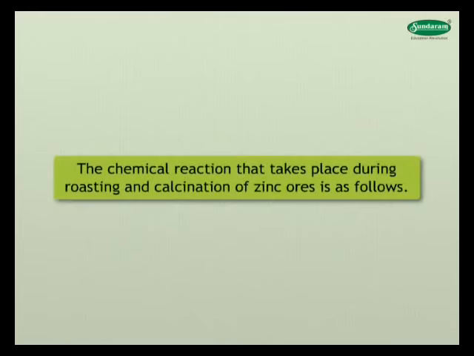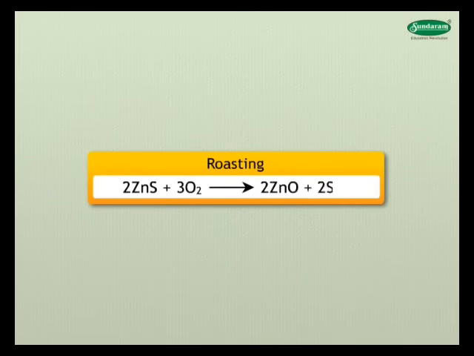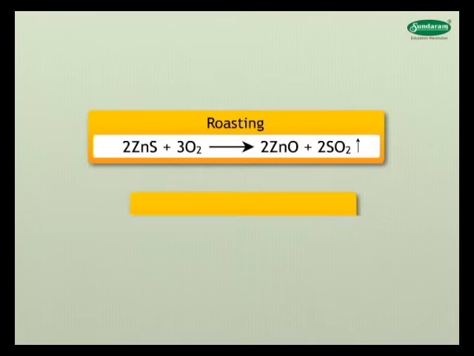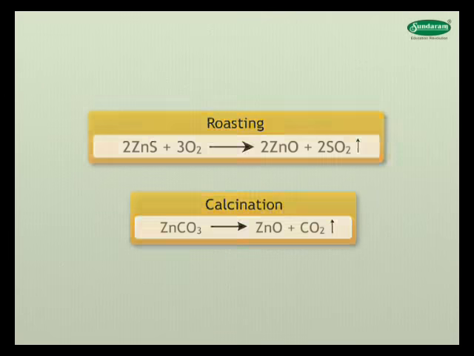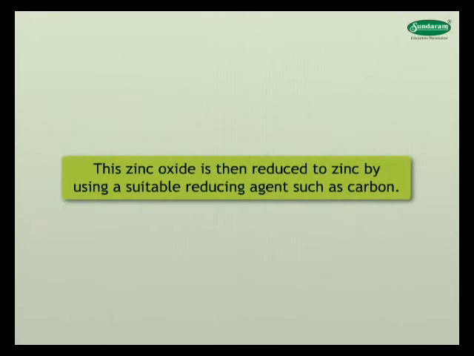The chemical reaction that takes place during roasting and calcination of zinc ores is as follows. Roasting. 2ZnS + 3O2 gives 2ZnO + 2SO2. Calcination. ZnCO3 gives ZnO + CO2. This zinc oxide is then reduced to zinc by using a suitable reducing agent such as carbon.